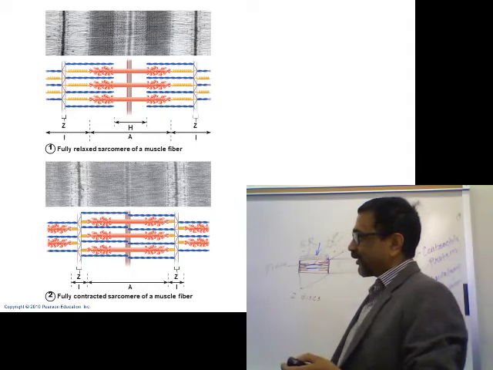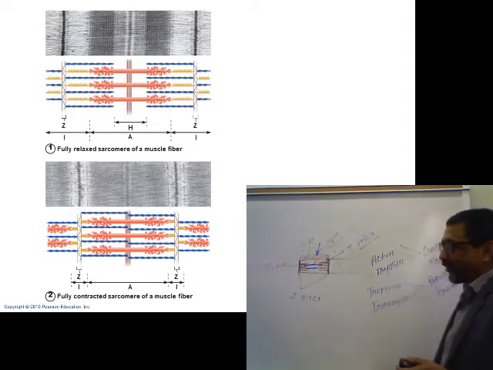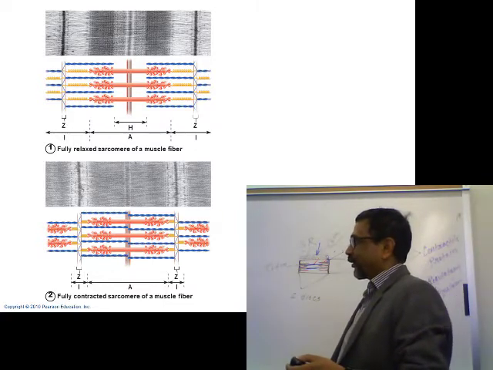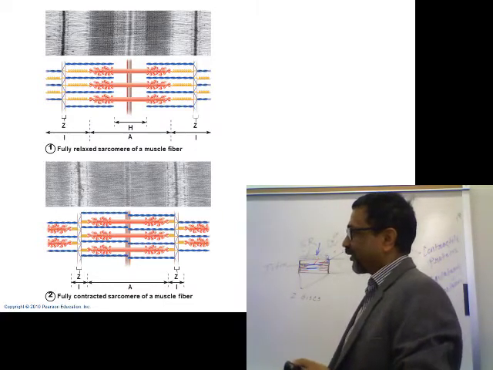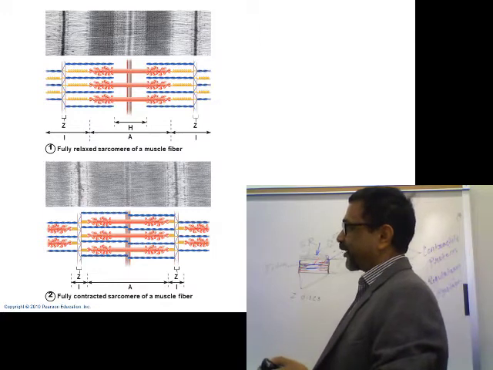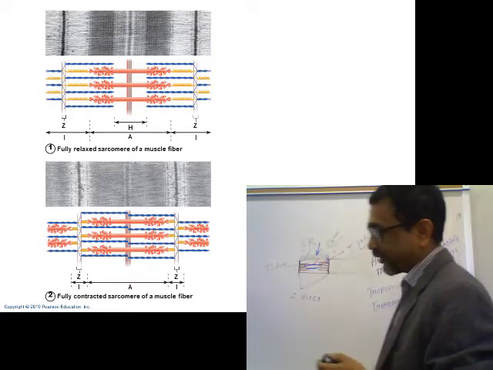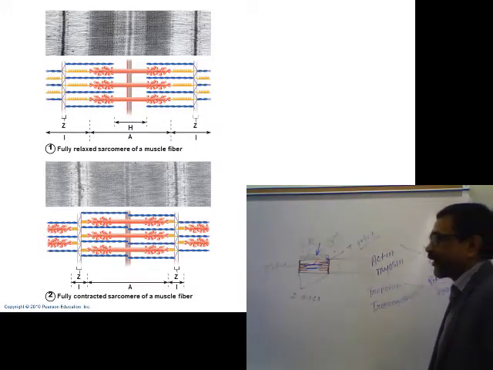You see that the thin filaments move towards each other and get very close. The sarcomere gets shorter. That means the two Z discs are now closer to each other than in the relaxed condition. So, shortening of the sarcomere.